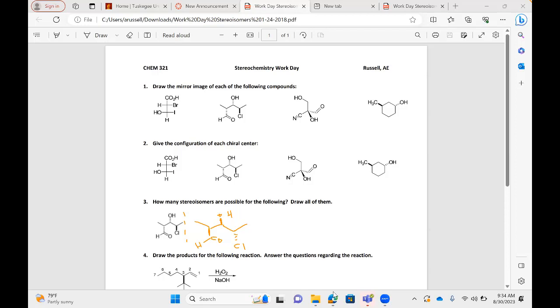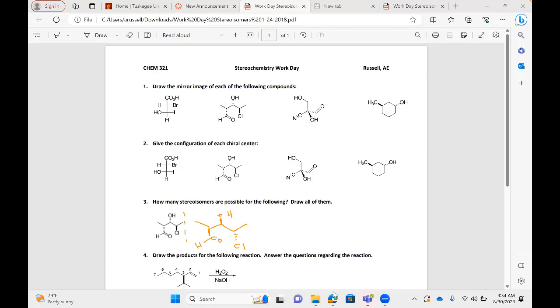Now, tell me how I can get at least 3 more stereoisomers from that original image. What can I do to get at least 3 more stereoisomers from that original image? Don't you rotate it to change the R and the S?